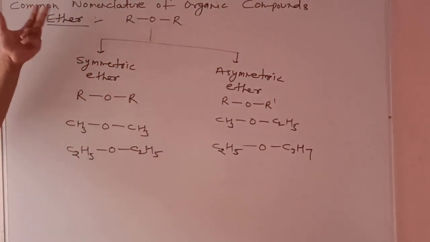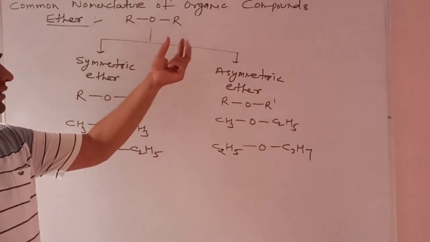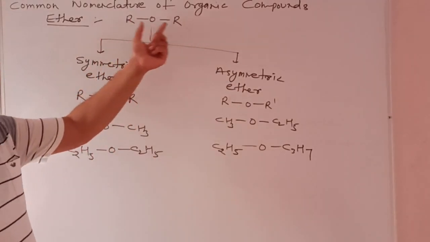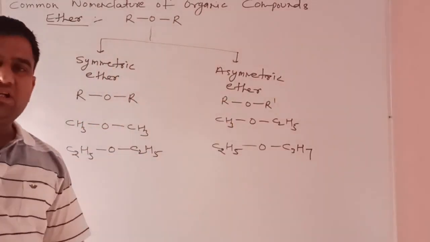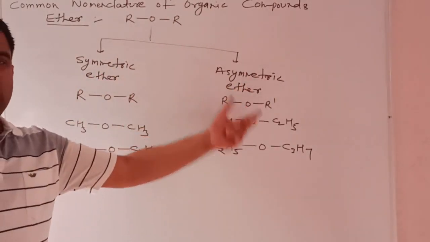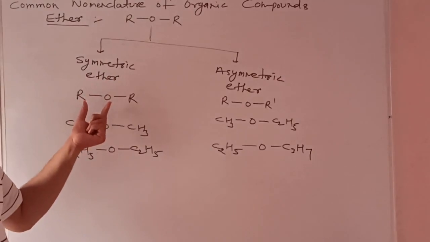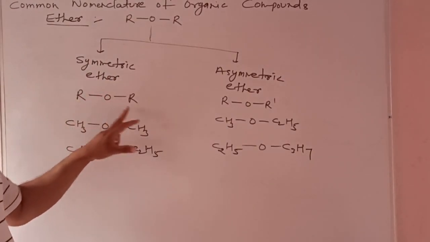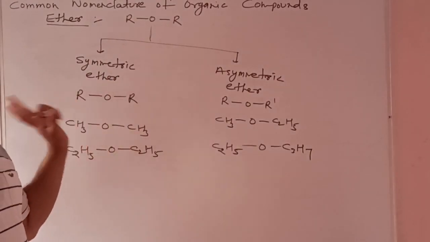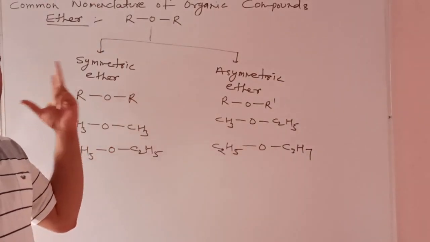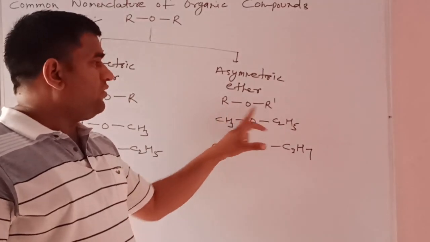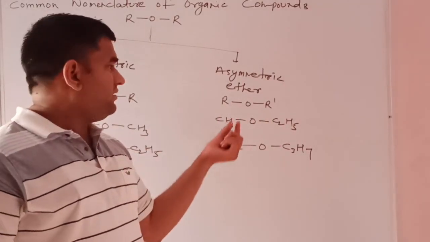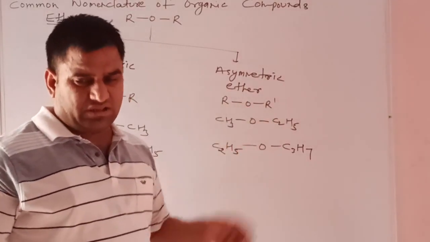So ether is ROR, and in ether two conditions are possible, symmetric and asymmetric. In symmetric ether both hydrocarbon chains attached with oxygen are the same, and in asymmetric ether both hydrocarbon chains attached with oxygen are different.